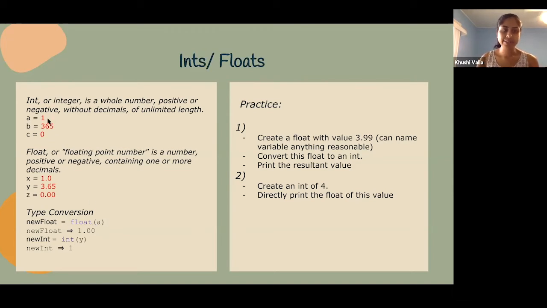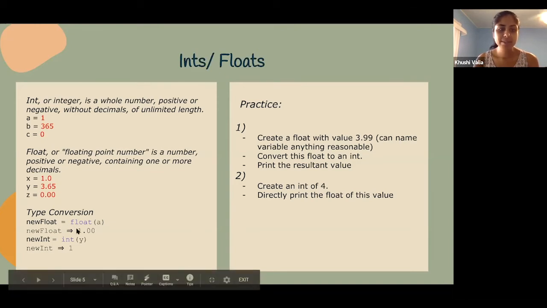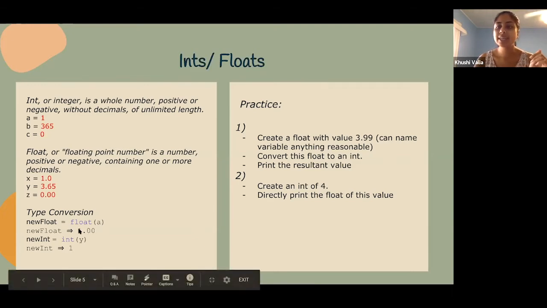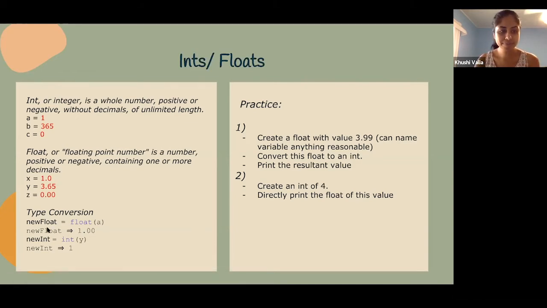So let's have a equals to 1, b equals to 365, c is 0. So if we have float a becomes 1.00 because it's converted to a new value type, a float. And so very similar to typecasting, after typecasting, the value changes such that it is the new value type that we define it to be.